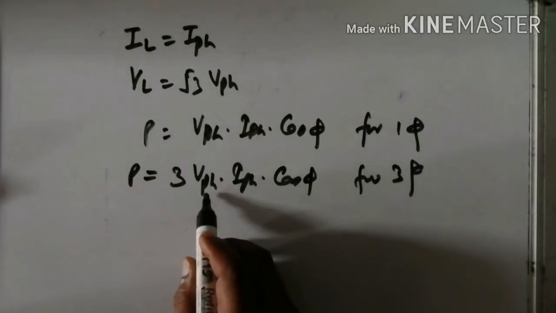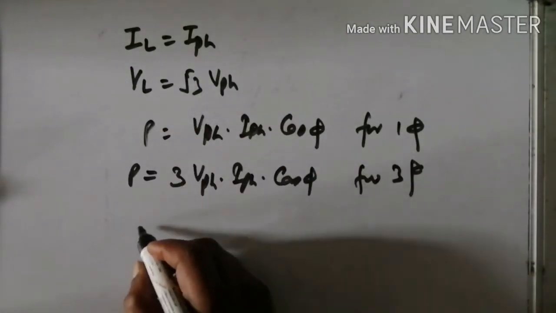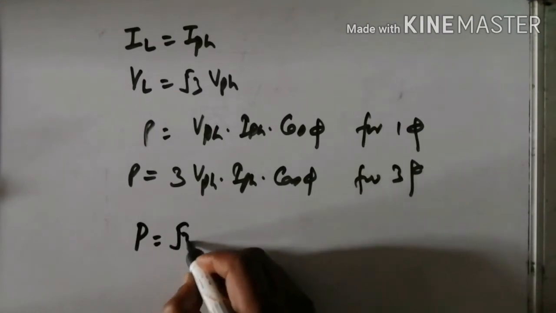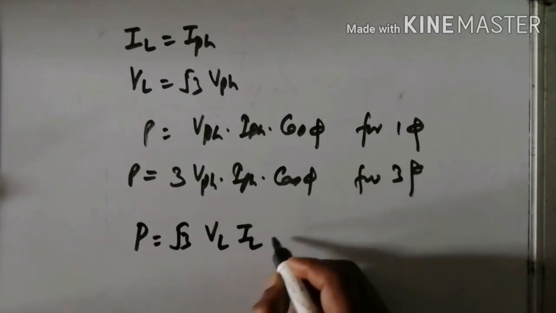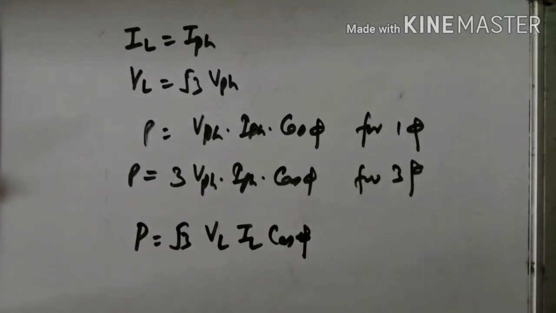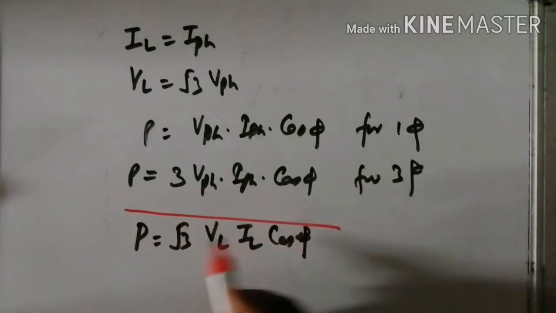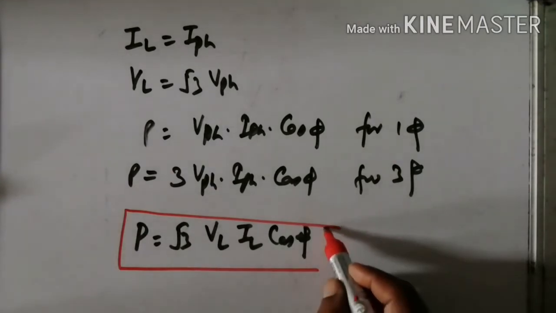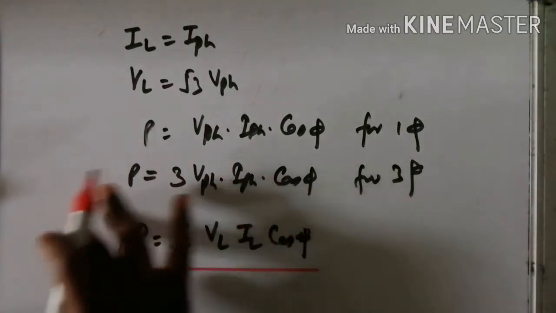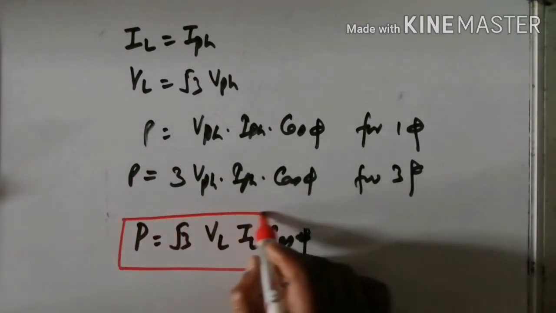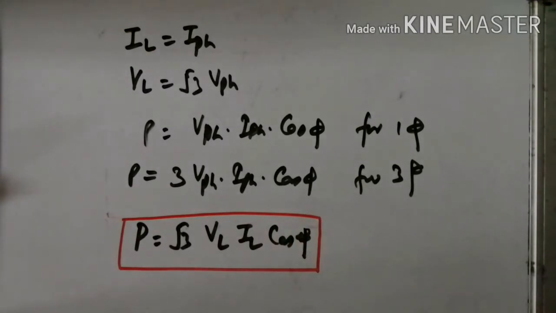And root 3 times EPH is EL. So power is ELIL cos phi in the case of 3 phase. The formula for the power is ELIL cos phi. Now see the numerical based on the 3 phase system.